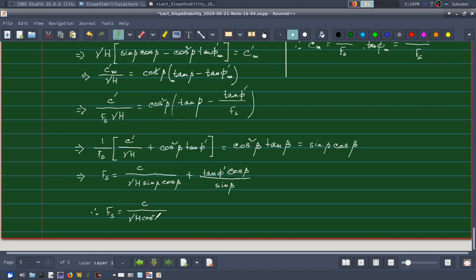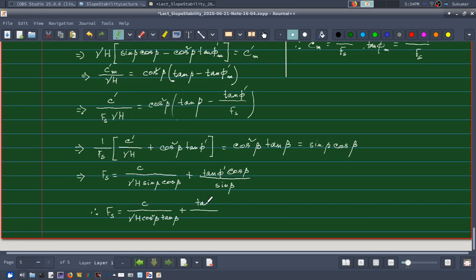Cos square beta into tan beta. Let me write it in this manner, because there is a tan beta term here, I can again take it common.